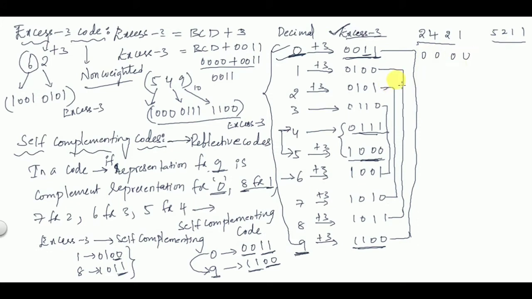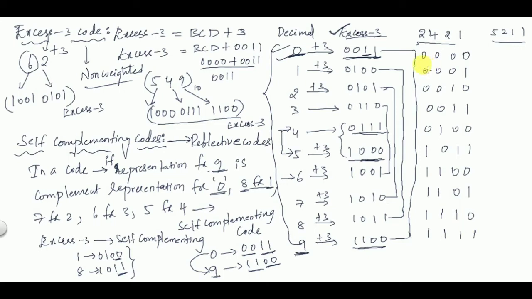0 is represented as 0000. 1 is 0001. 2 is 0010. 3 is 0011. 4 is 0100. 5 is 1011. 6 is 1100. 7 is 1101. 8 is 1110. 9 is four ones.